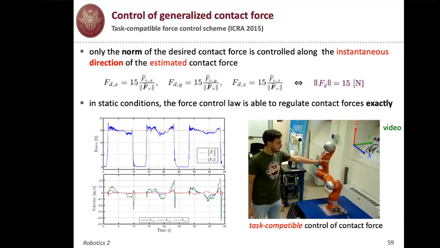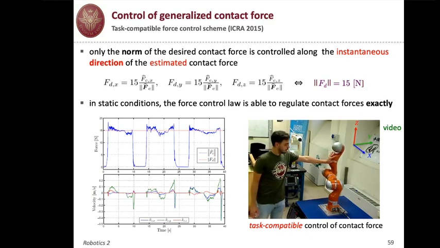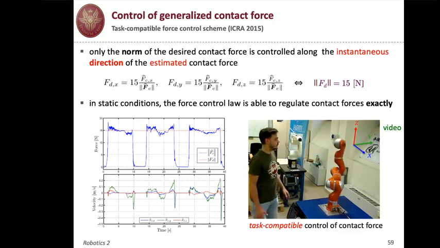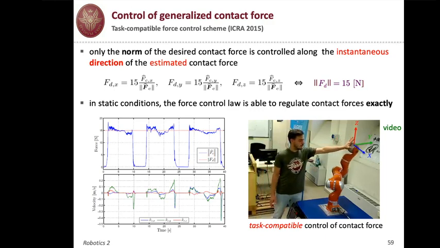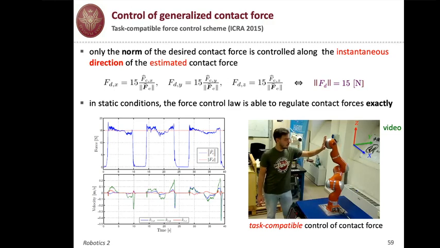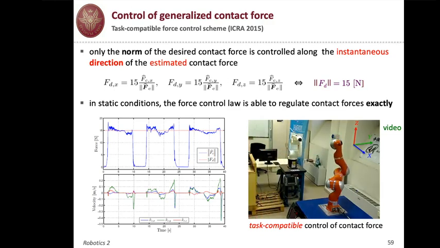Now we're pushing in another direction, at another contact point. Now the 15 Newton are being regulated in the direction of pushing, even if this is time varying, and at the value of 15 Newton here, as we chose this value. And you see that you can push also along the X direction, the Y direction, whatever. I mean, it's irrelevant in this case.